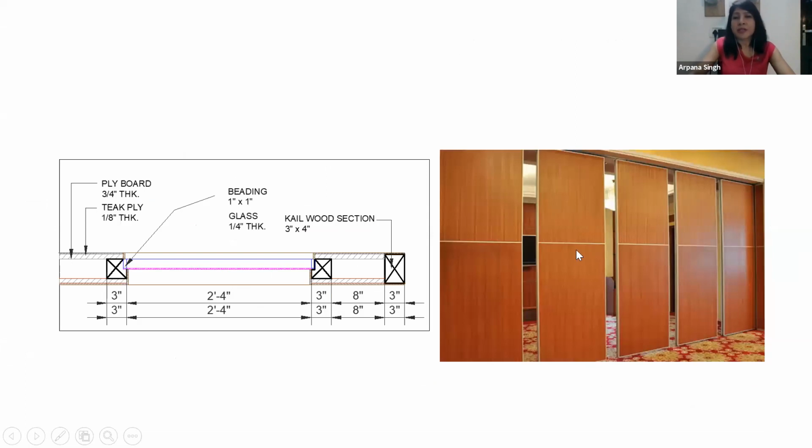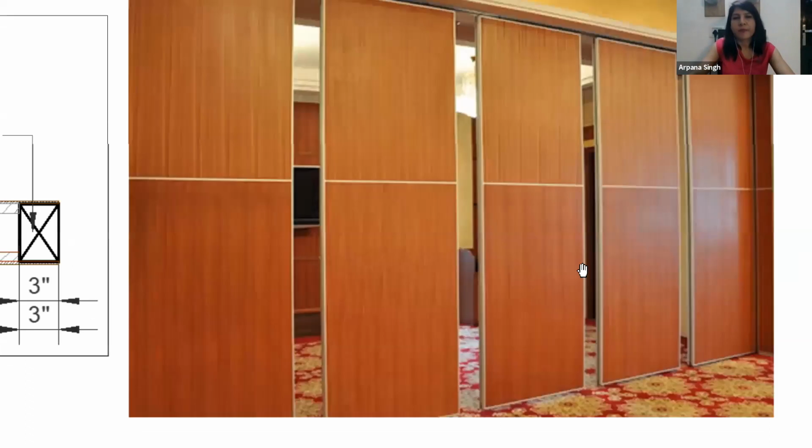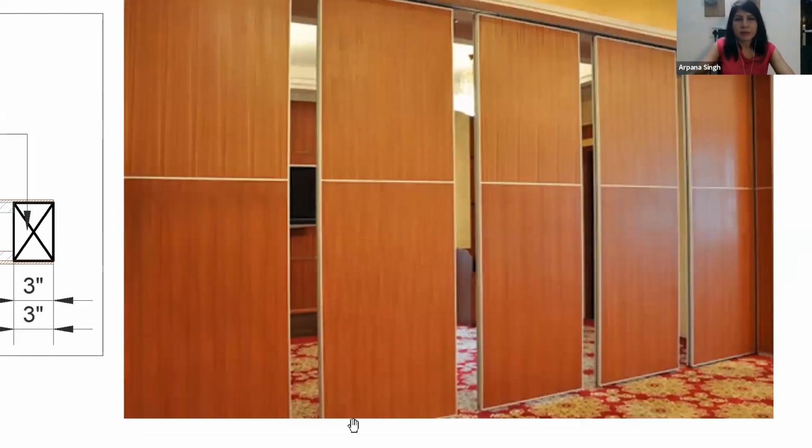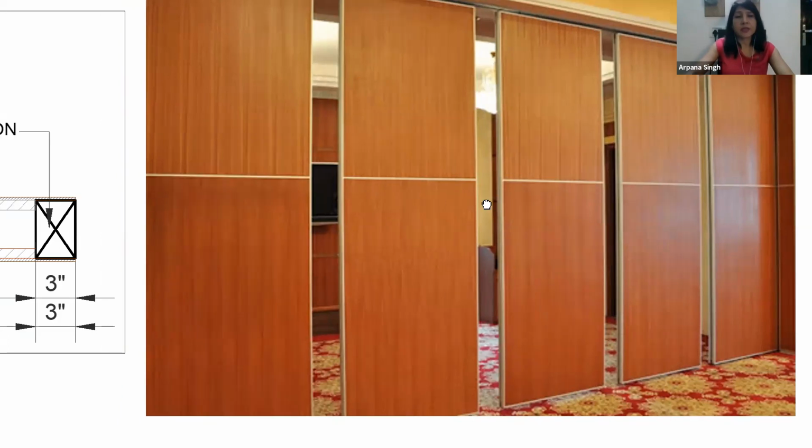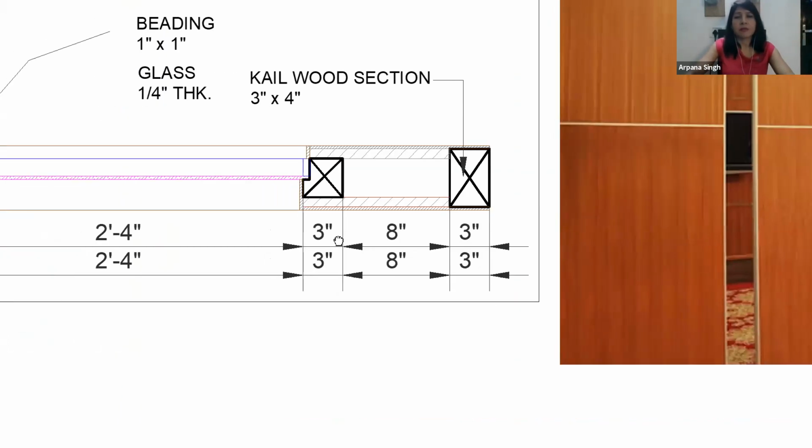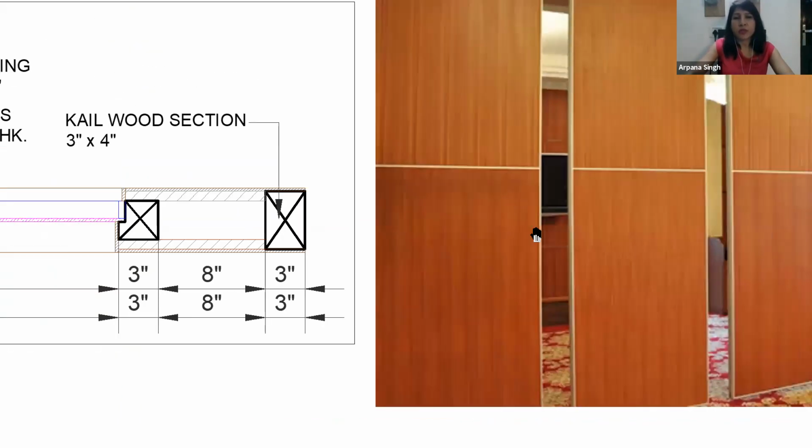This is another style of partition where you will see commercial boards, and there are strips of vertical glass being used. Not glass, I would say. These are reflective mirrors. They have used mirrors. Now, if you have to mix this kind of design, you are not able to see the frame also.